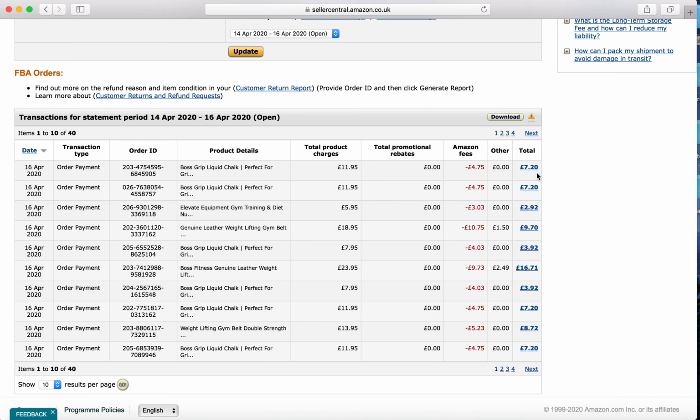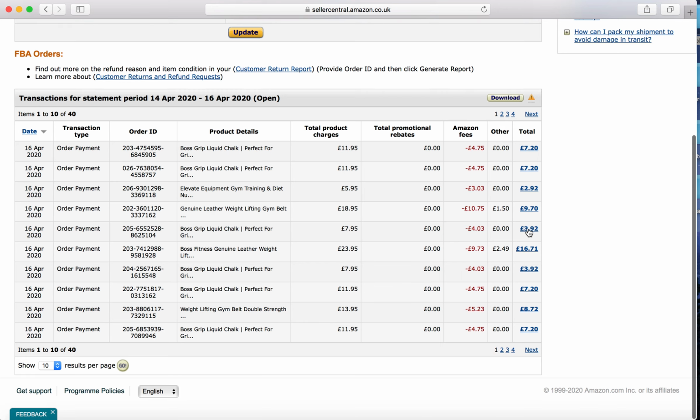I know that product costs us about £2.40 roughly, sometimes a bit cheaper, so we're probably making about £3.80 per product. As I've said in previous videos, due to the coronavirus, we're currently clearing a lot of our stock and just giving our customers what they need at a time whilst they don't perhaps have the funds to pay for them. So we would usually sell this and make a lot more money, but you can just go through each different product. As you can see here, this is a more expensive weightlifting belt.